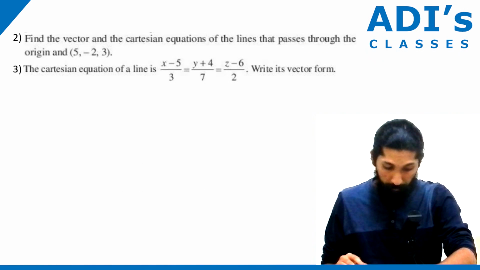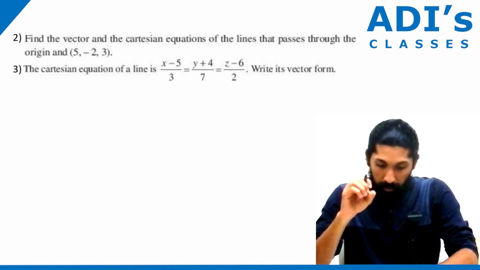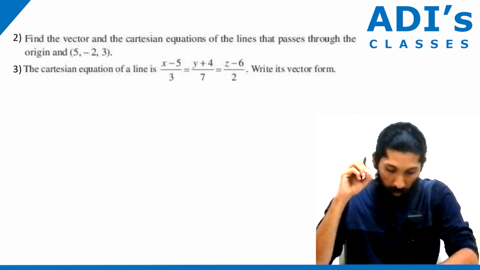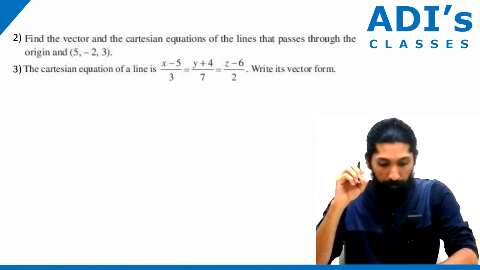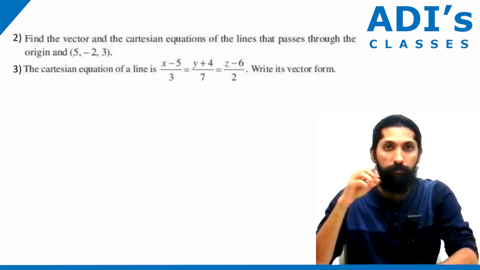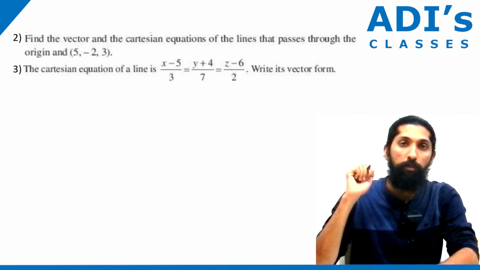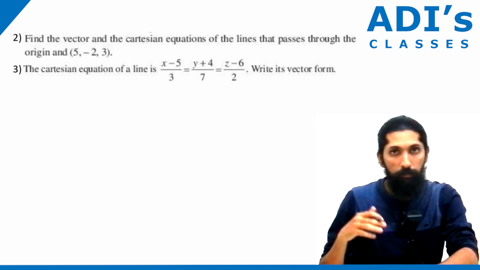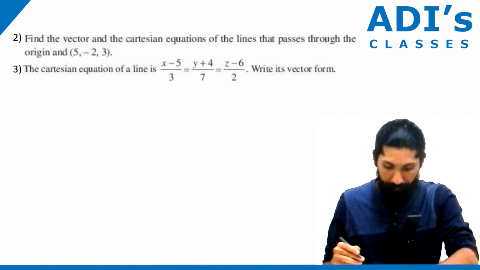See the second one. Find the vector and the Cartesian equations of the line that passes through the origin and (5, minus 2, 3). Now, to find the vector form of this one, first we'll do the vector form, then we'll do the Cartesian form. Okay?